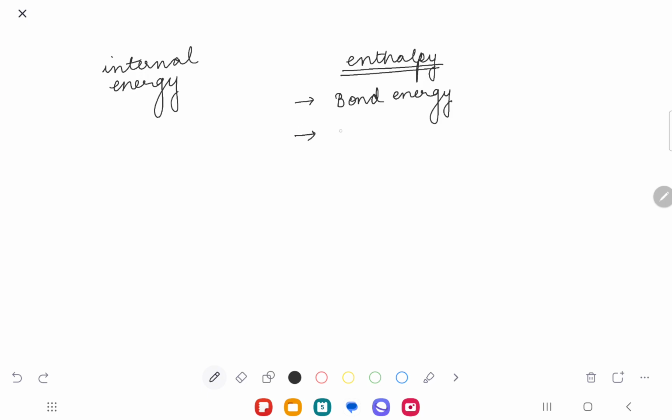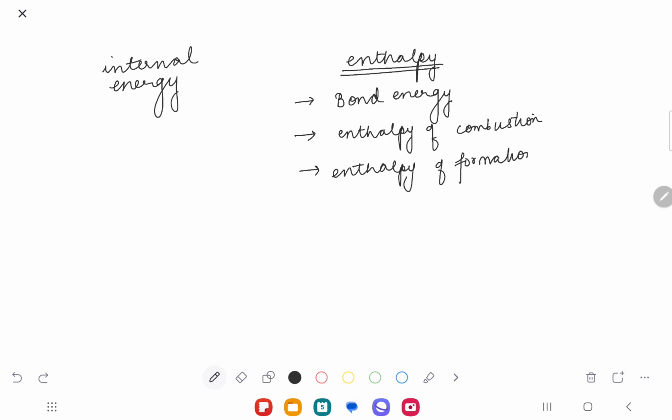Second is the enthalpy of combustion. Third would be the enthalpy of formation. Then we have the enthalpy of vaporization.